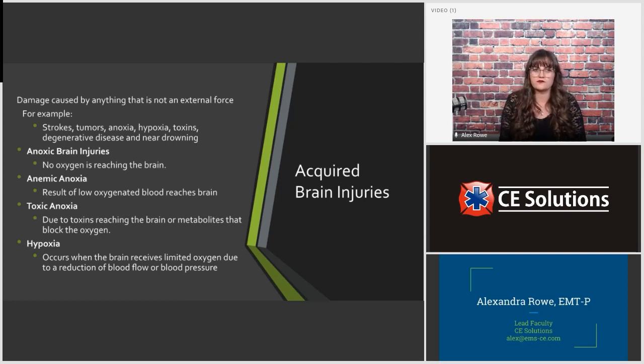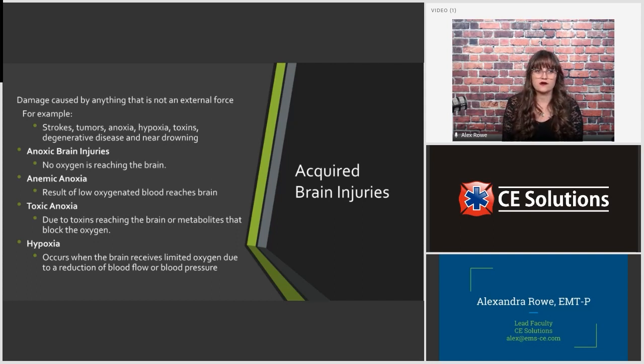Those oxygen molecules are not getting to the tissue to perfuse it. And that could be from a stroke. My best friend, one of her family members actually had COVID, and they didn't catch how low her oxygen saturation was, and she ended up with an anoxic brain injury from the lack of oxygen due to having COVID. Luckily, she's fine. She has some serious deficits, but we're thankful she's still with us.